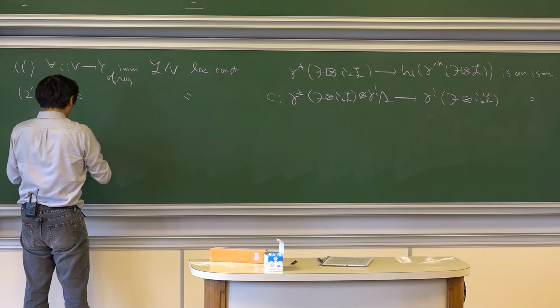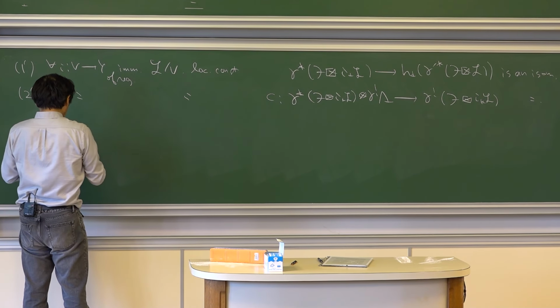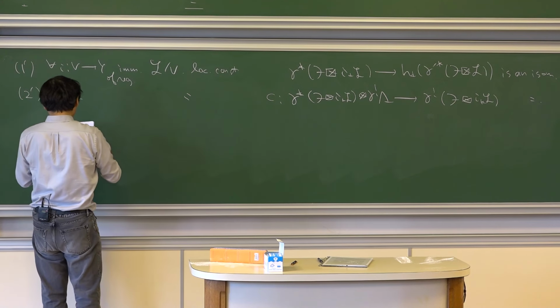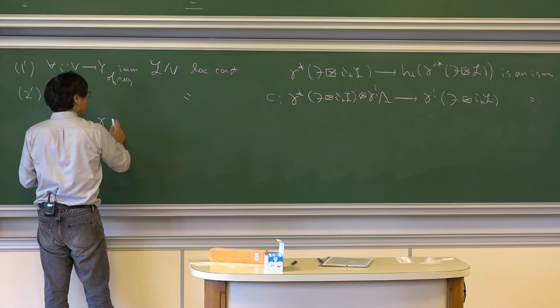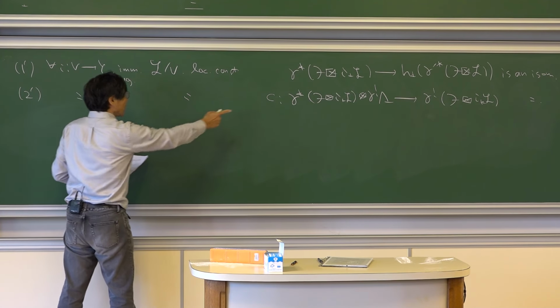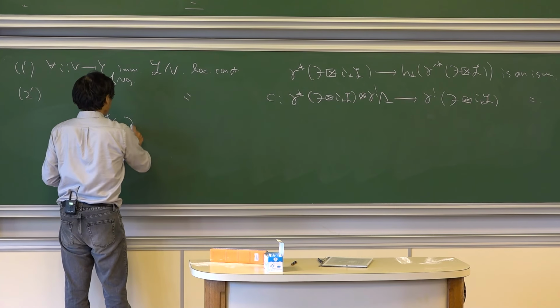Now I write a commutative diagram. The upper line is just this one.